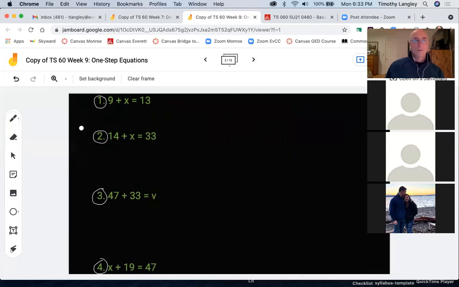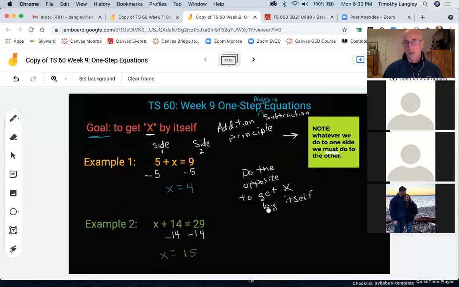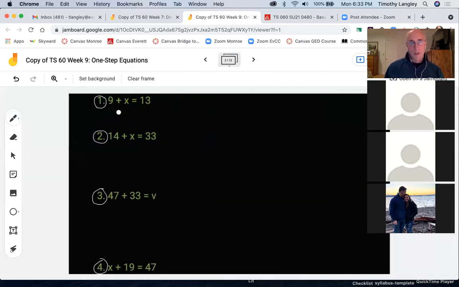I want to walk you through a number of these ones, okay? So we'll call this new equation, new page, equation number 1. I have 9 plus x equals 13. You notice how I've got plus? This is the operation going on in this equation. So go ahead and write 9 plus x equals 13 in your notes, okay? I see this plus sign, and the teacher just said in my notes right here, do the opposite to get x by itself. So what is the opposite of the math going on here?